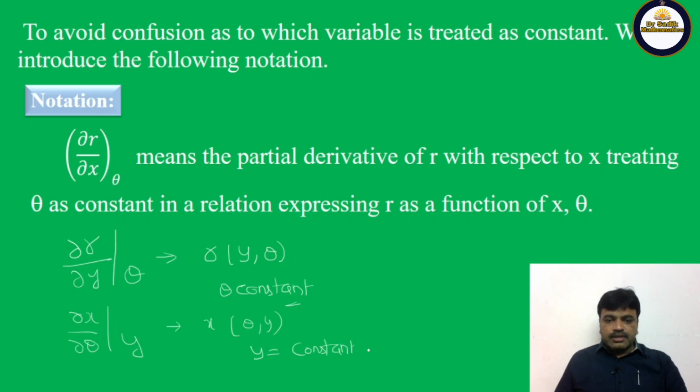This is the important notation. If you give a notation like (∂r/∂x) at theta, it means r is a function of x and theta, and we are finding the partial derivative of r with respect to x, treating theta as constant. Do you understand this notation?